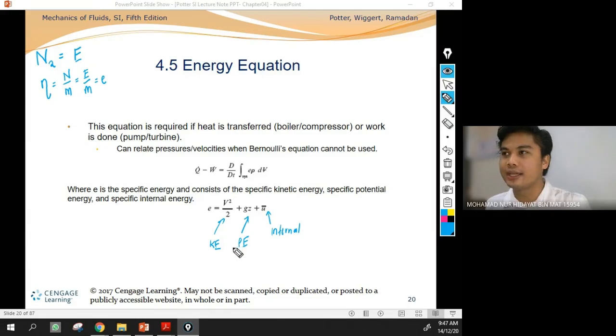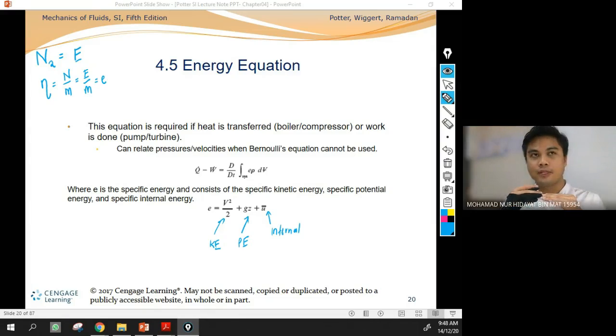We don't care about the electromagnetic energy. For this course, you only focus on three basic forms of energy: the kinetic energy due to motion, where there is flow, there is kinetic energy. When there is a change of elevation from H1 to H2, there is potential energy due to the gravity effect. And lastly, the internal energy.